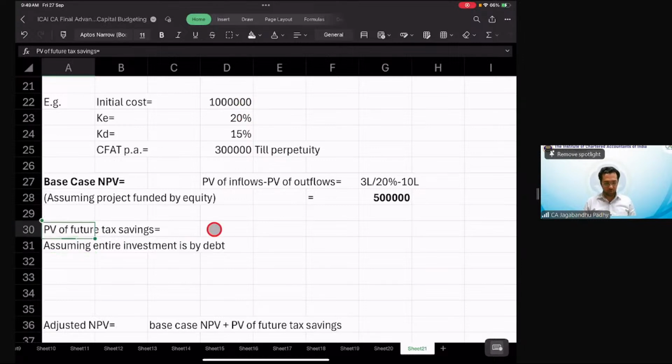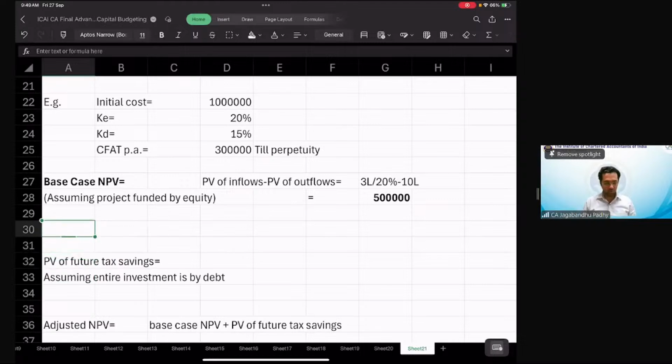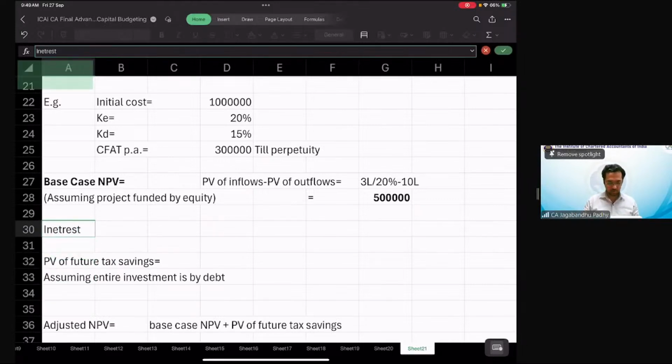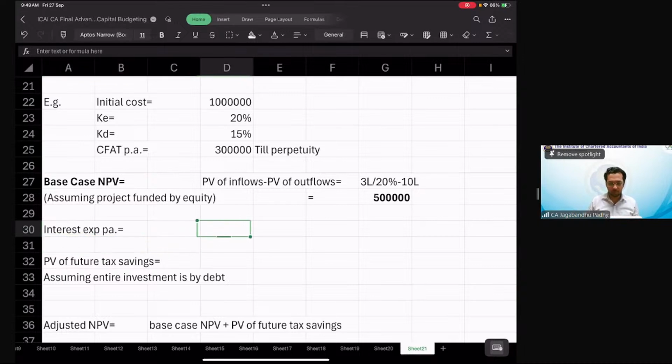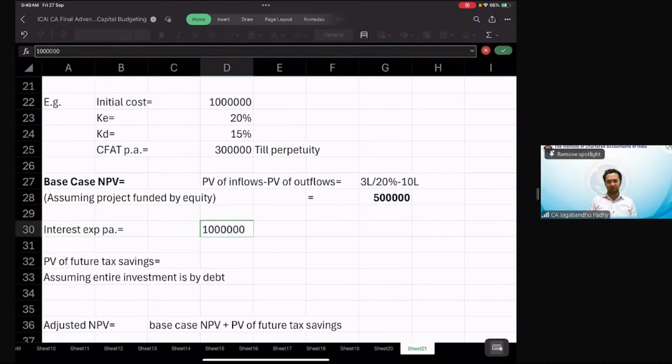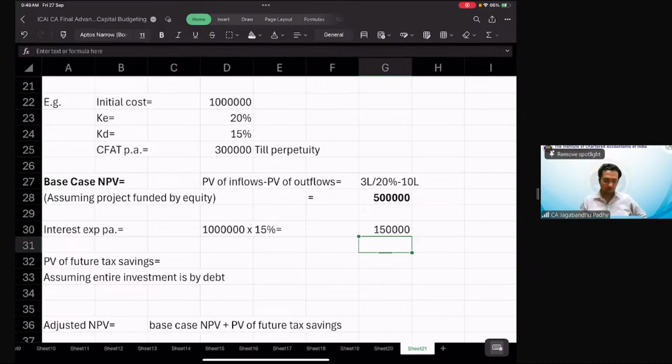So before we look for present value of future tax savings, we need to know what will be the interest expense per annum. So that will be 10 lakh. If you are going to fund this entire project by debt, on this 10 lakh, you're going to pay 15% as interest. So 15% on this is 1,50,000.